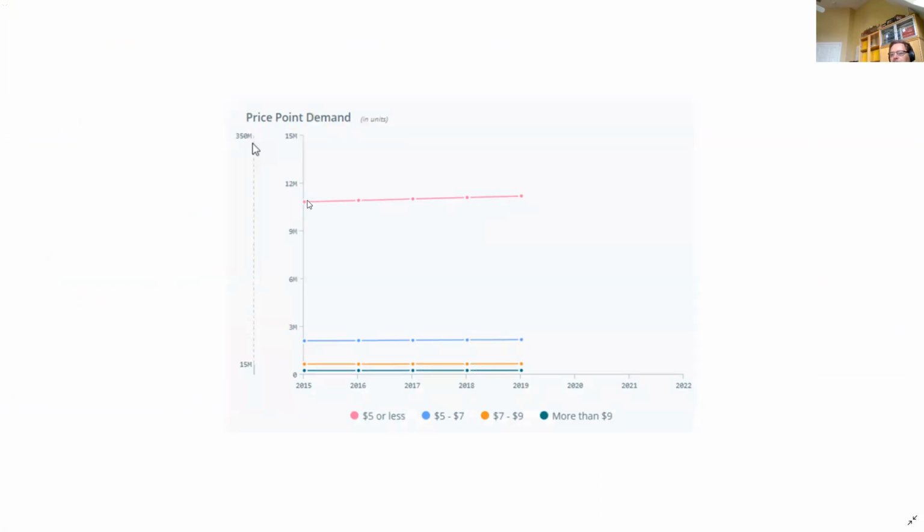And then you see a dramatic drop from 11 million units roughly to less than about 2 million units in the price range of 5 to 7. And then you see another drop for the demand from 7 to 9. And then you see how minimal the demand is, relatively speaking, for more than $9.